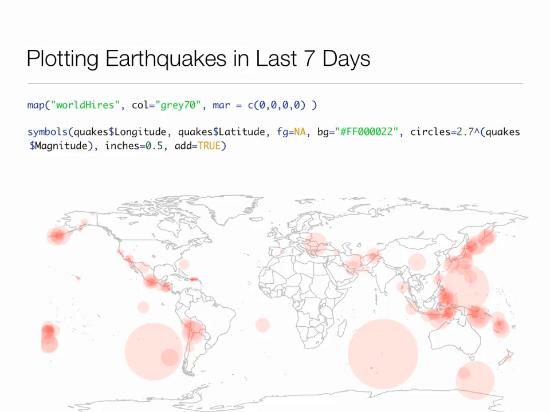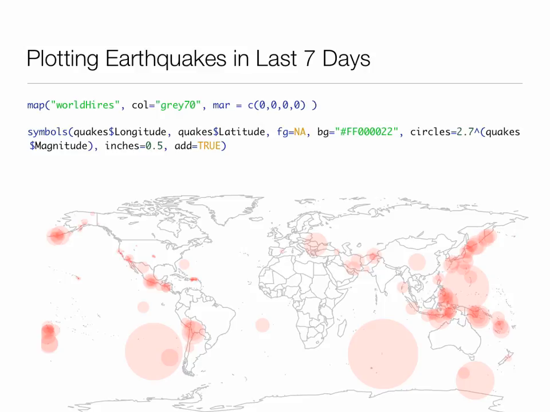Now, with the symbols command, I'm going to plot the symbols at x equals longitude, y equals latitude. Now I'm going to add a command fg equals NA. That means take away the foreground of these observations. Well, what's the foreground? The foreground is just the ring around the red dot that you saw in the previous graph.